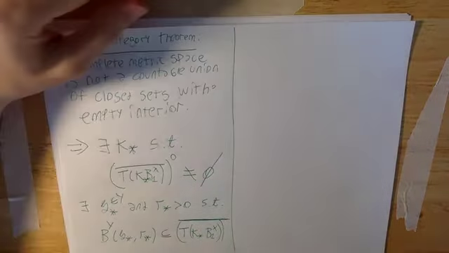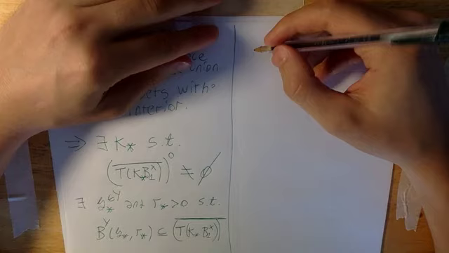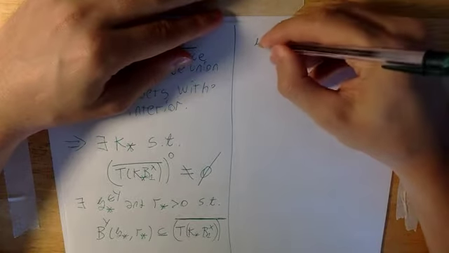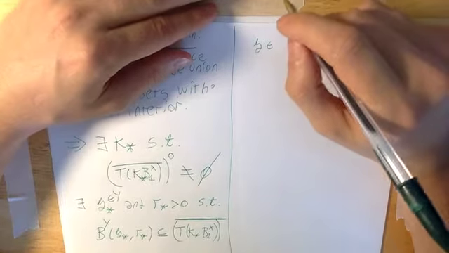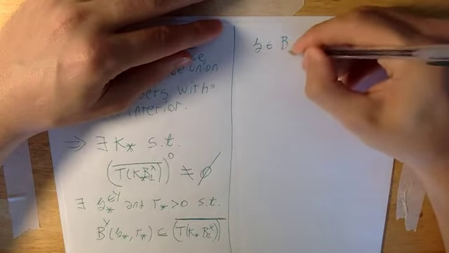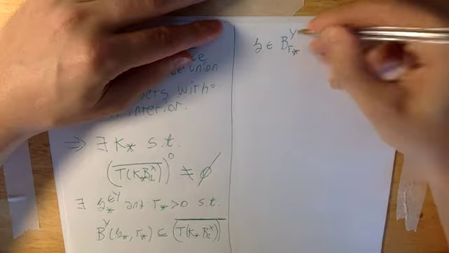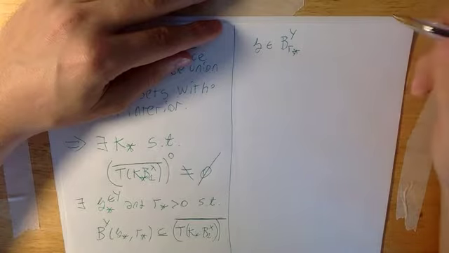Okay, but now let's take a y in the ball of radius r star in Y. Then what do we have?